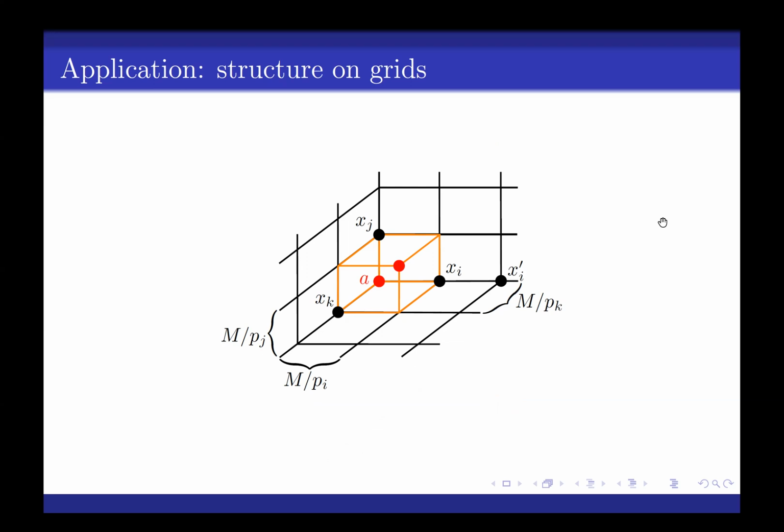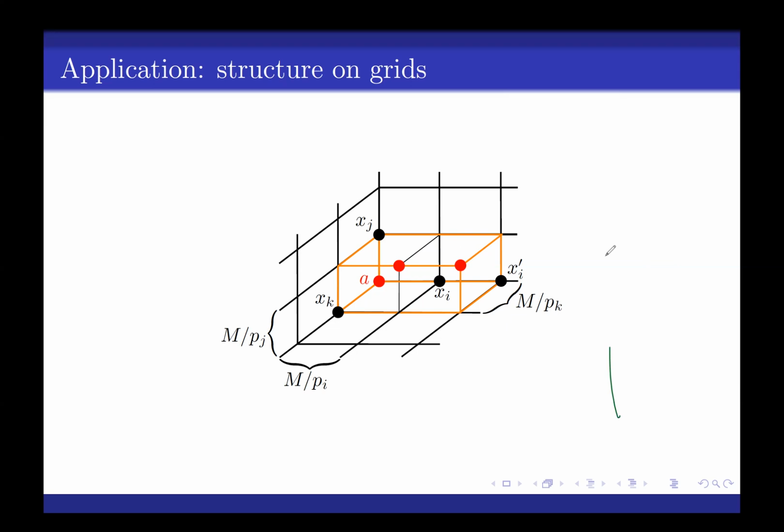Now I'm going to repeat the process with a cuboid, moving the vertex from xi to xi prime. Again, by the exact same consideration, we're going to have an element of A at the opposing corner across from a, but now we have two elements at distance M over PI from one another, and that contradicts our assumption. So this cannot happen.